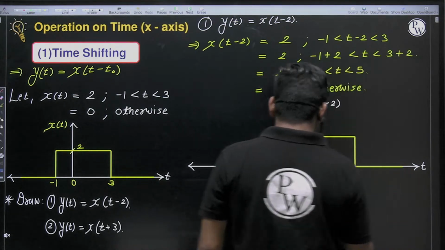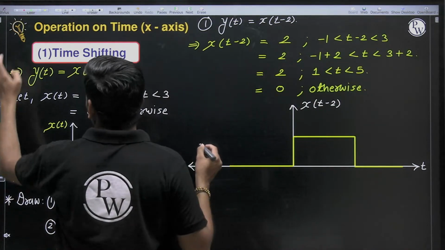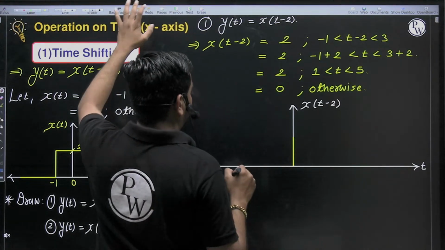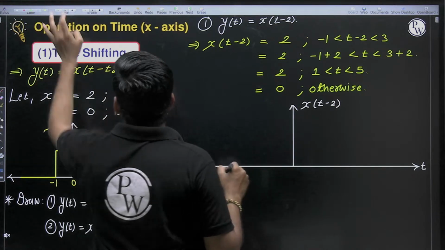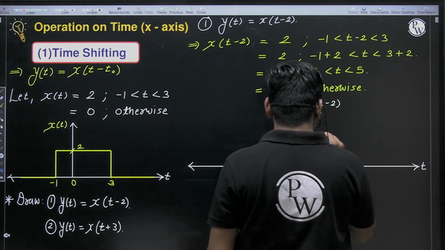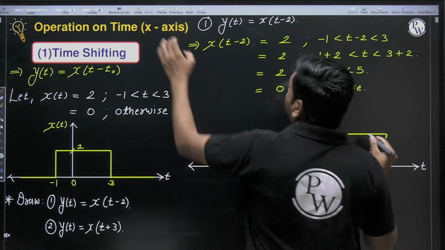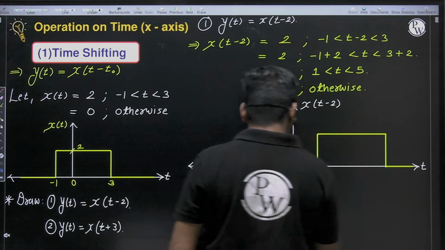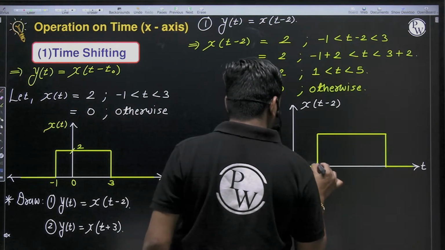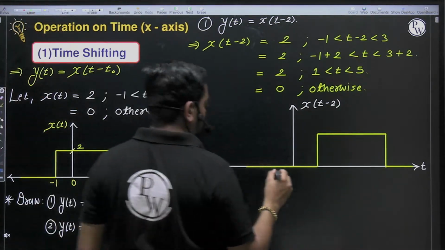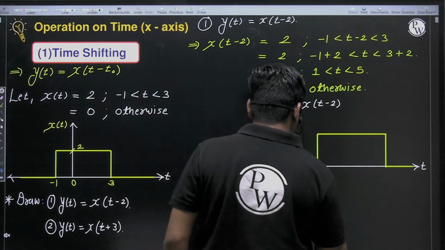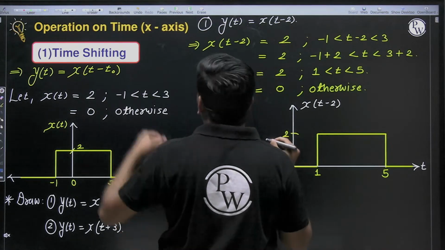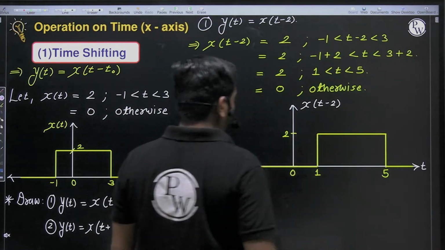You can see there is no change in signal width. Amplitude is 2 between 1 and 5.